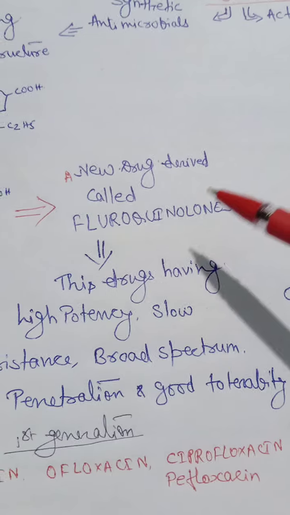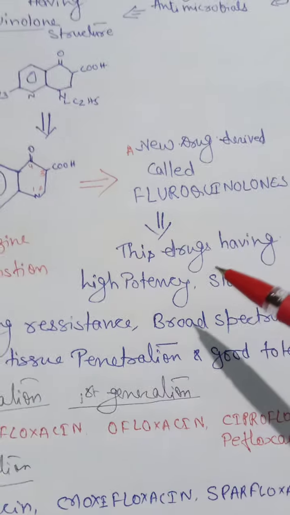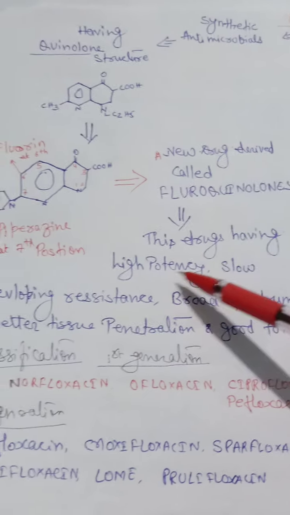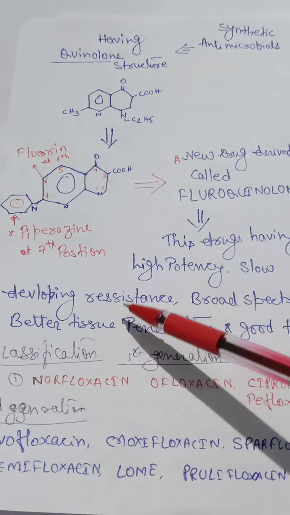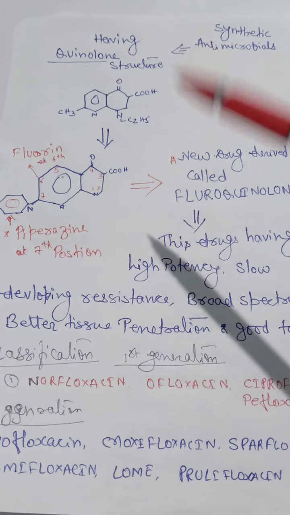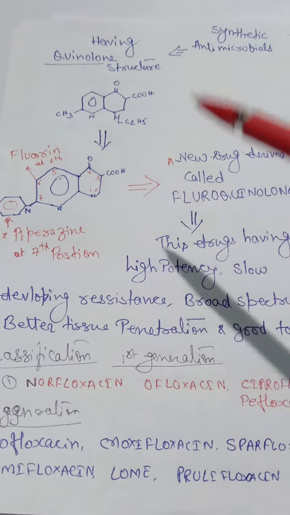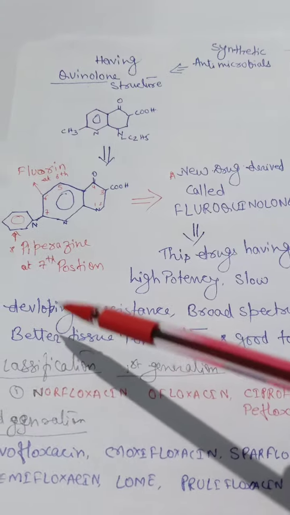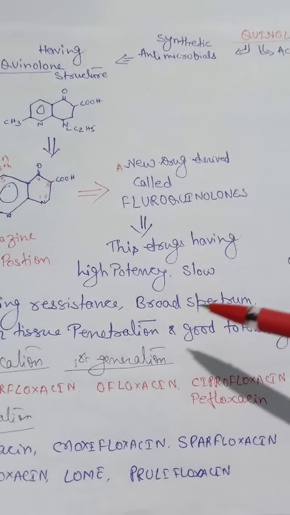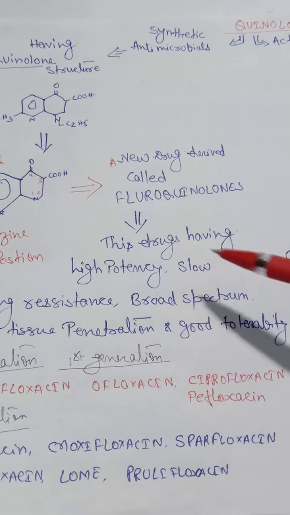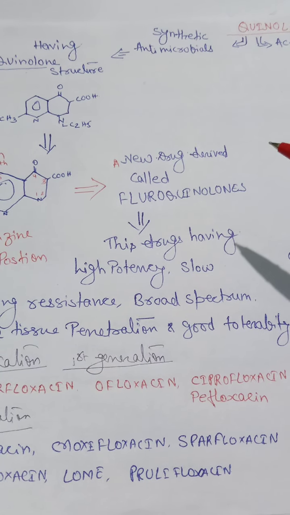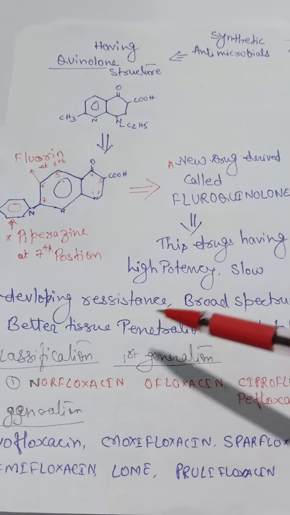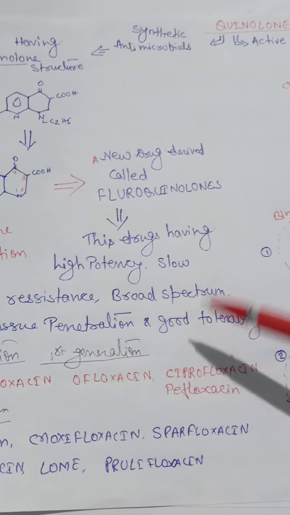These fluoroquinolone drugs have very high potency as well as slow developing resistance. Various earlier quinolones developed resistance easily, but the fluoroquinolone groups have slow developing resistance against the bacteria, and these drugs are broad spectrum antibiotics having better tissue penetration. It means that these drugs have good penetration as well as good tolerability.